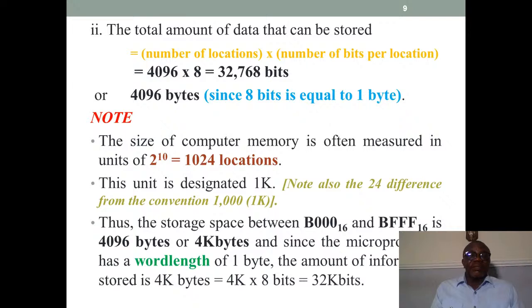If we do that, it gives us 4 kilobytes. And since the microprocessor has a word length of 1 byte, it then means that the amount of information stored is 4 kilobytes, or 4K times 8 bits, which is 32 kilobits.